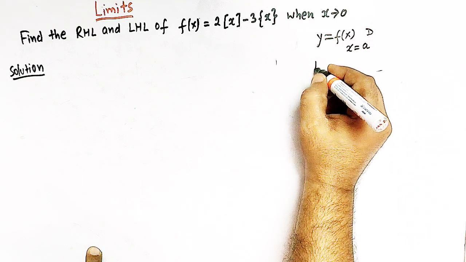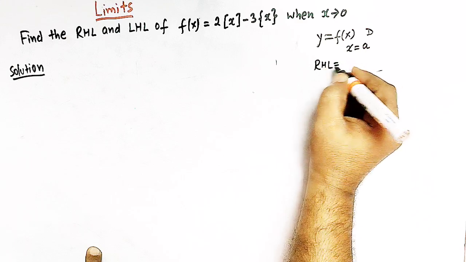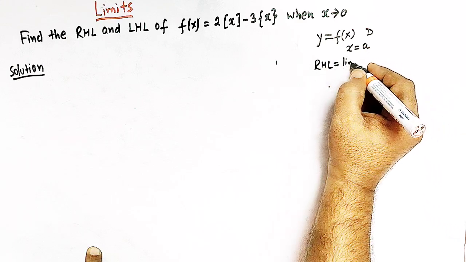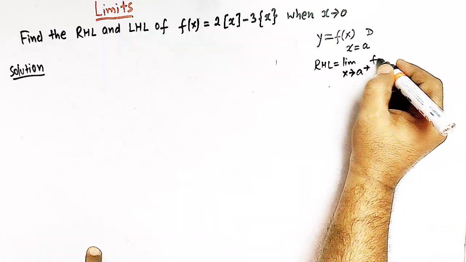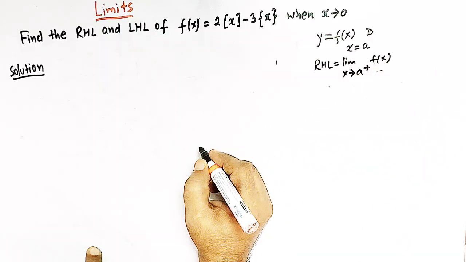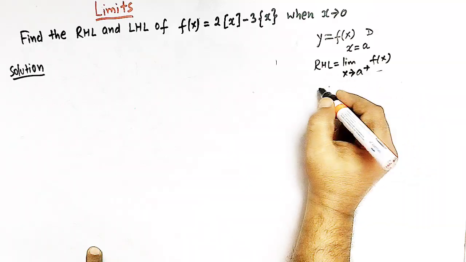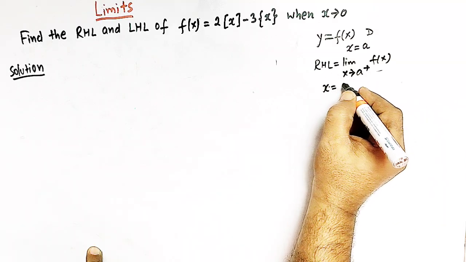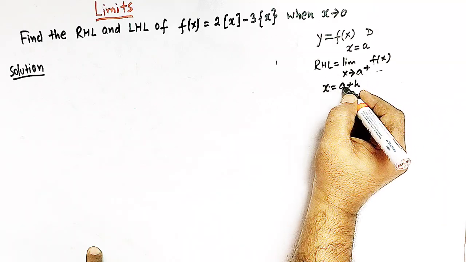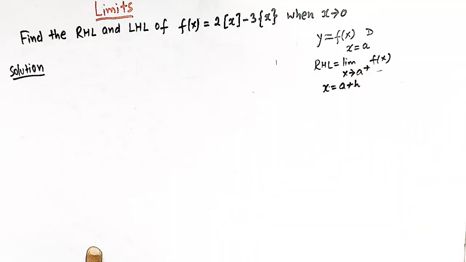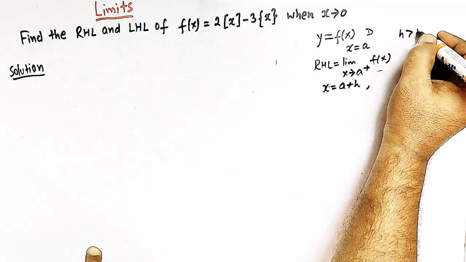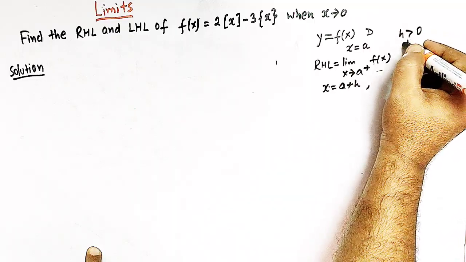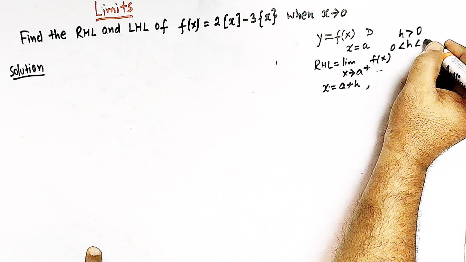The notation for the right hand limit is limit x tends to a, with a positive sign, of f of x. Then we take x is equal to a plus h, where h is infinitesimally a very small quantity, h is greater than 0, that is positive, and h lies between 0 and 1.